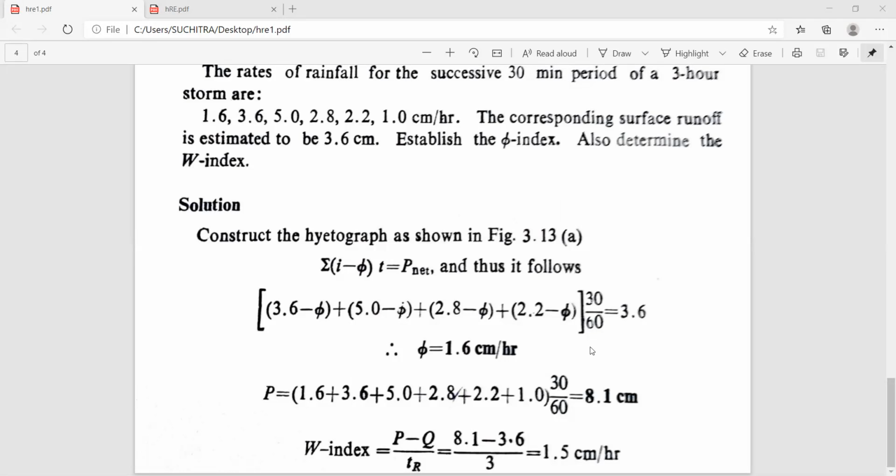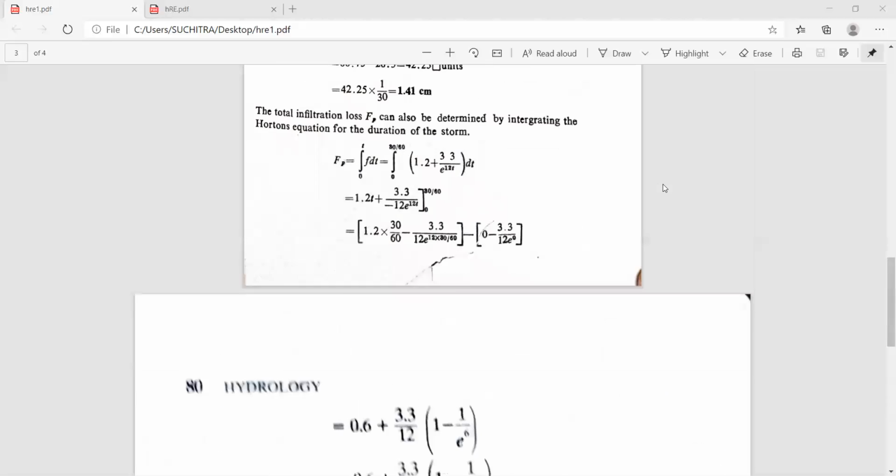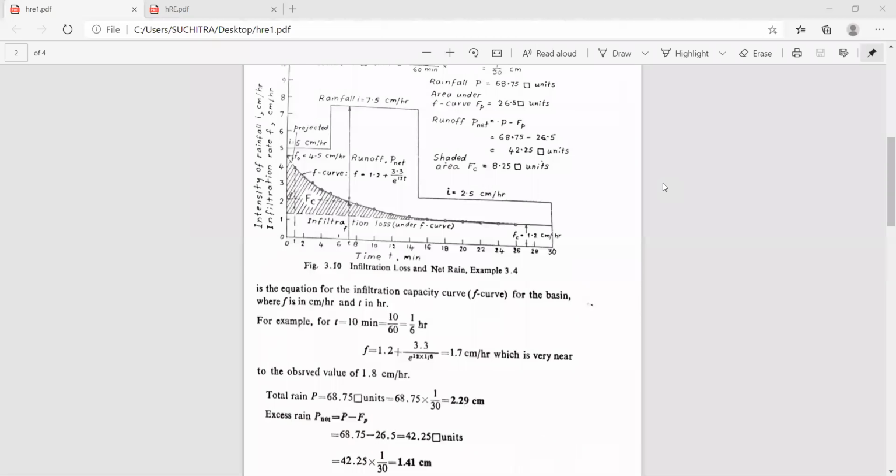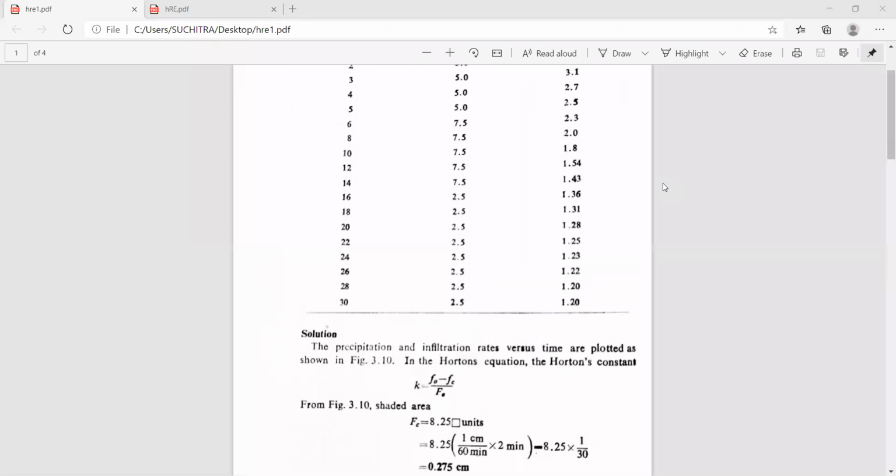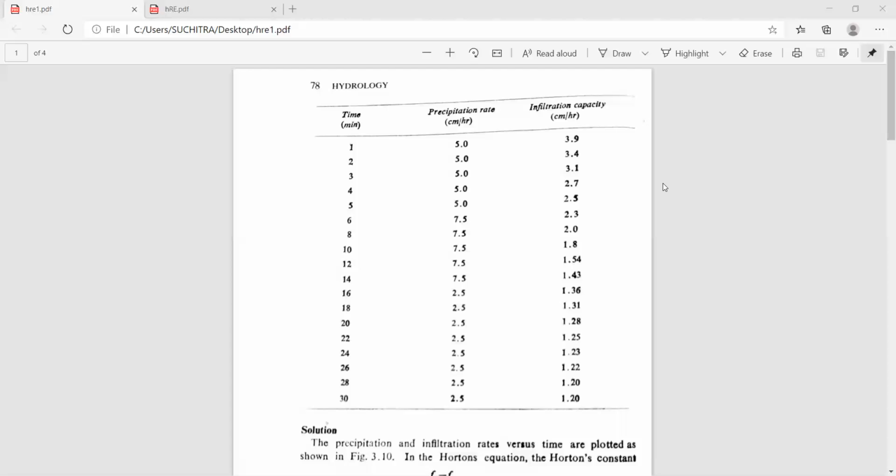So it has been deducted from the total rainfall. So these are some of the problems on infiltration and also evaporation, and how to calculate the consumptive use or the evapotranspiration requirement of a particular crop.